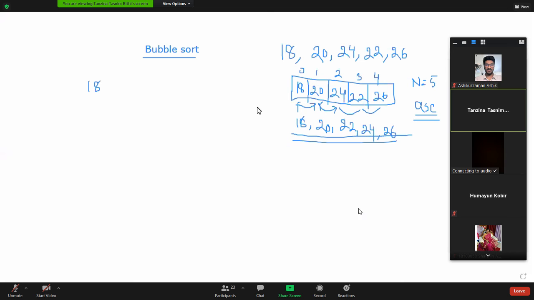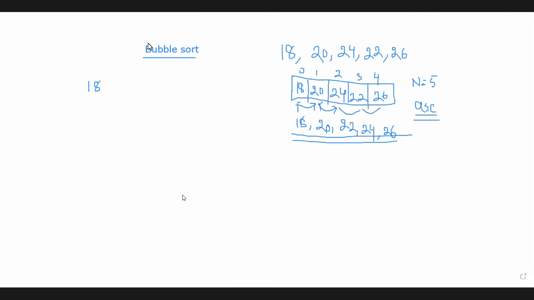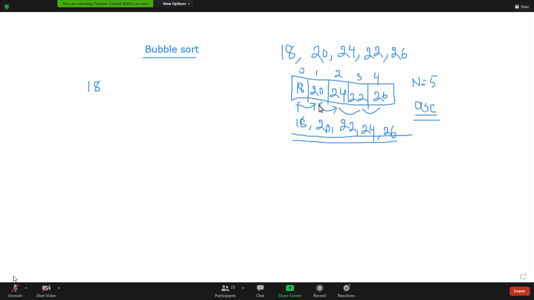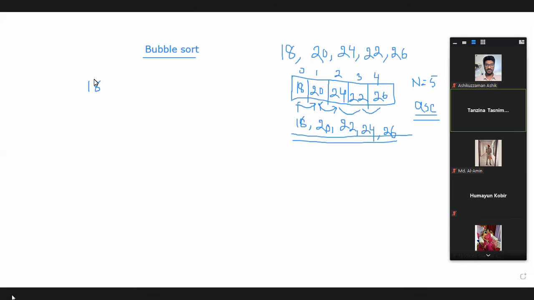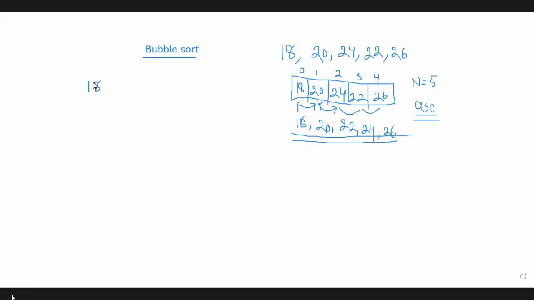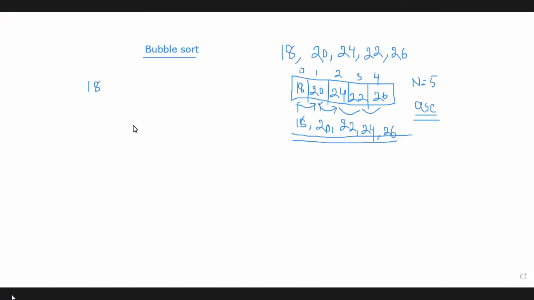Is it clear how it will work? When an unsorted array is given and we apply bubble sort, every time it will take only two numbers and compare them, and the smaller number will be placed first. After that, it will compare the higher one with the next data element.